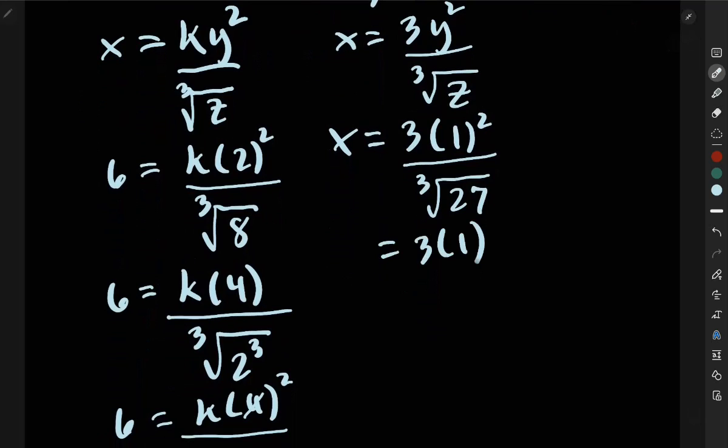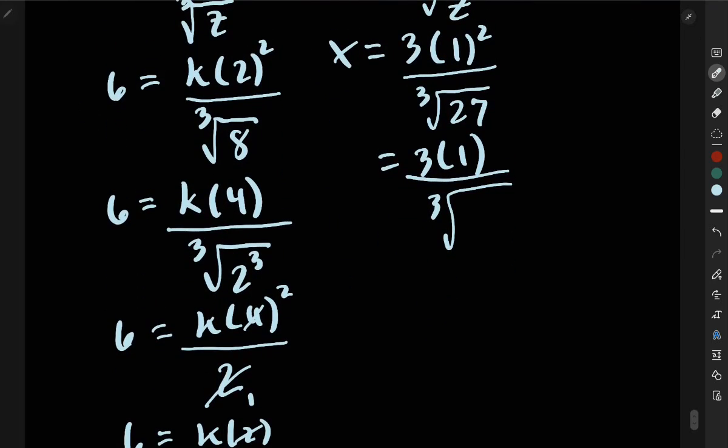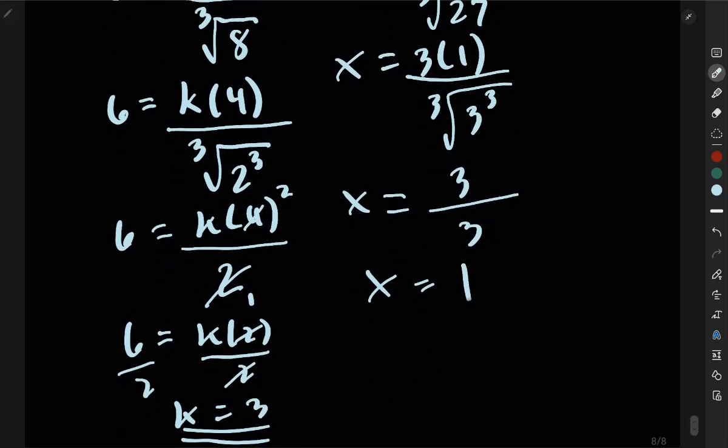So we just write 3 times 1. And cube root of 27. So 27 can be written as 3 cubed. So 3 times 1 is 3. And the exponents will be cancelled, so it's only 3 left. So x is equal to 3 divided by 3 is 1. So the answer is 1. So that's how you solve combined variation.